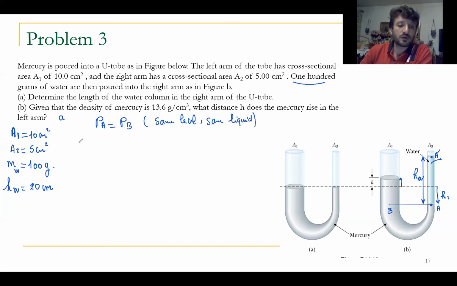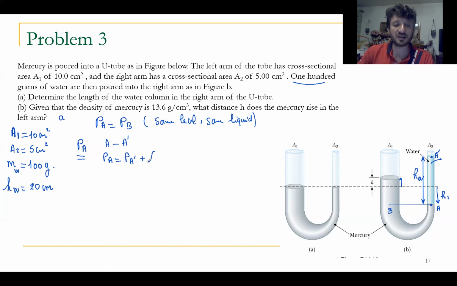Okay, we can calculate first of all PA, and after we calculate PB. PA, we take A and A prime. Between A and A prime, we can apply PA equals PA prime plus, between A and A prime, we have water.